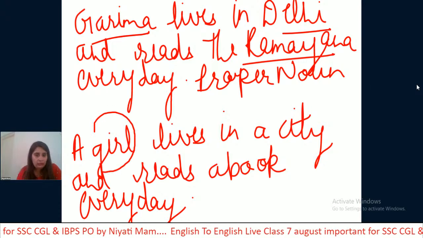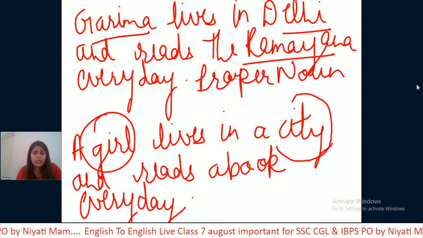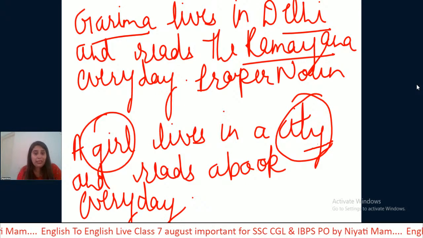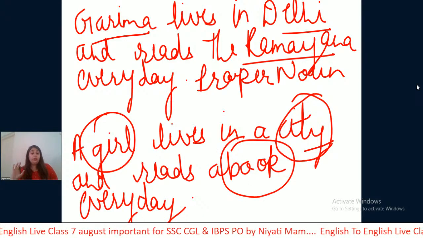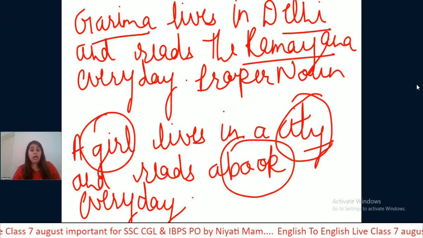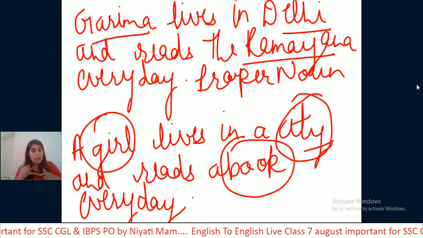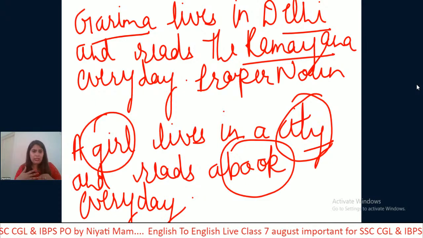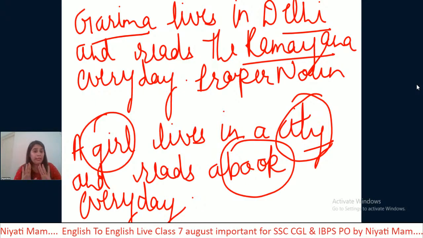Now coming to the second sentence, a girl lives in a city and reads a book. Nouns here are girl, the name of a race or gender; city, the name of a place; book, the name of something which we read, right? But do you know which girl I'm talking about, or which city, or which book I'm referring to? No, we do not know anything about it.